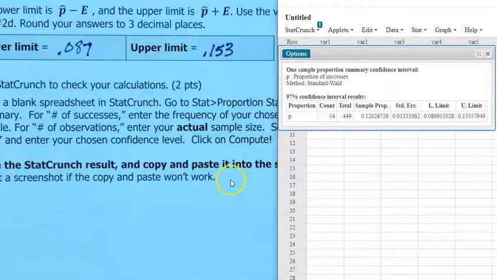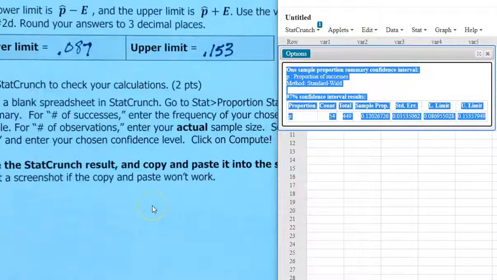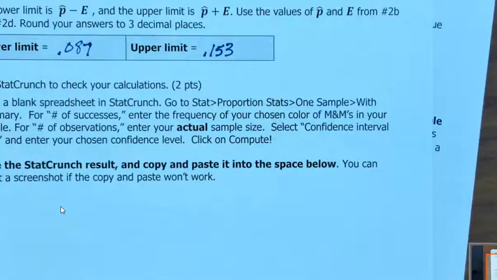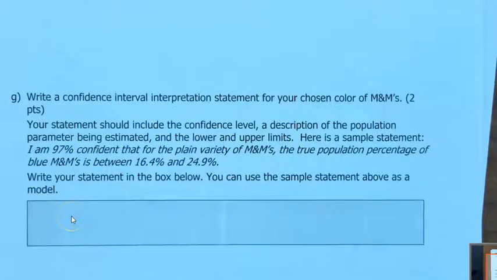So now what I would do for this assignment is I would copy this and paste it into the Word doc. So I would paste it in here, and you can always do a screenshot if you can't get the copy and paste to work. Then once you've gotten through with all of this, the next thing is to write a confidence interval interpretation statement.